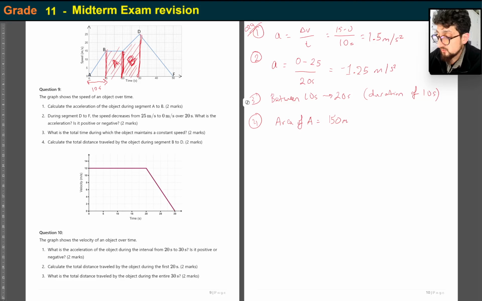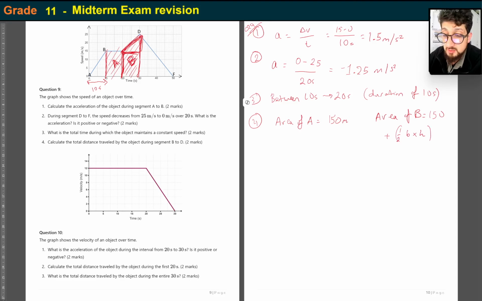And area of B equals, we've got 150, same as A, plus we've got this triangle over here. So this triangle is going to be half base times height, because that's the area of a triangle.